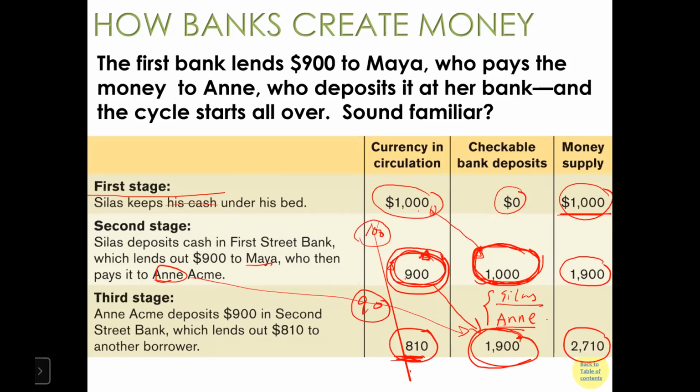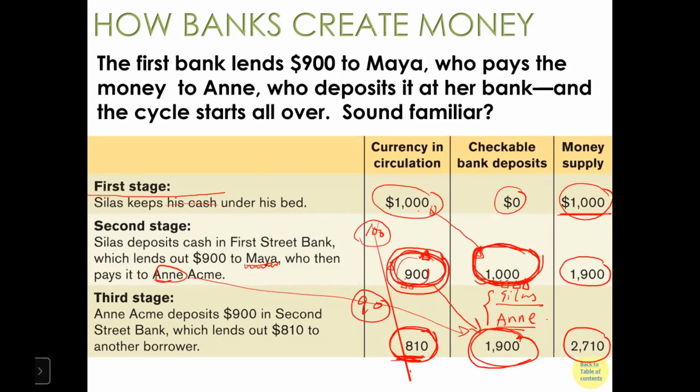In order to satisfy these withdrawal claims, in the ideal world, they can call Maya and say, you took a loan from me, and we have customers who need cash. Can you just come to the office and pay off your debt, which is $900? And similarly, they are going to call the other customers who took loans.